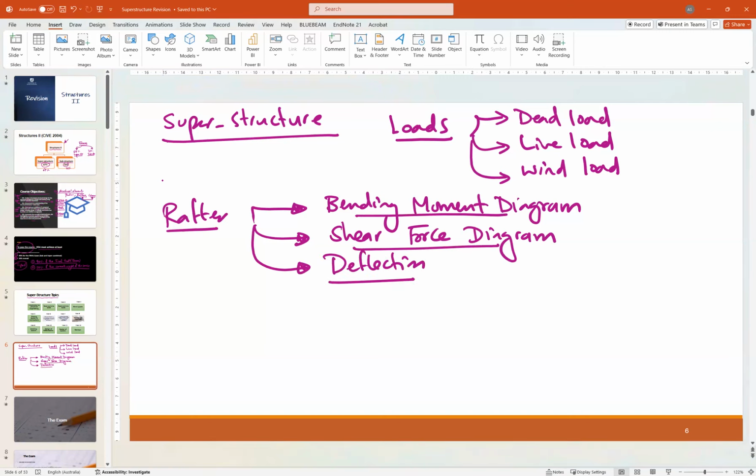So for these three, we need to design and also use the charts to select the section, or the cross section. This is for the rafter.